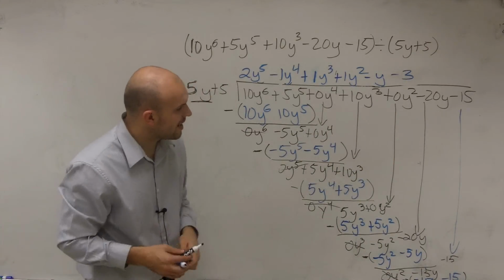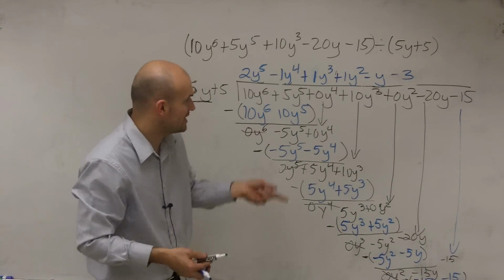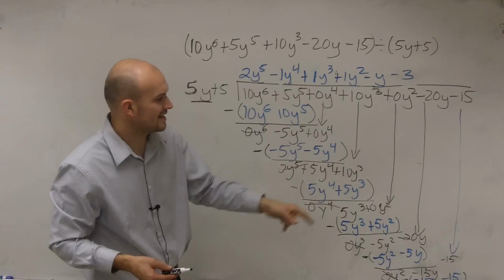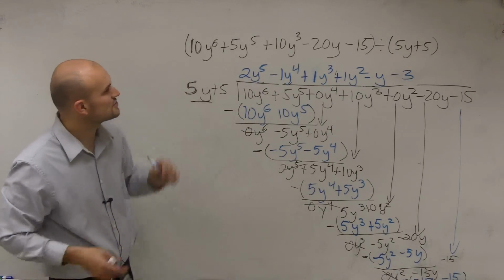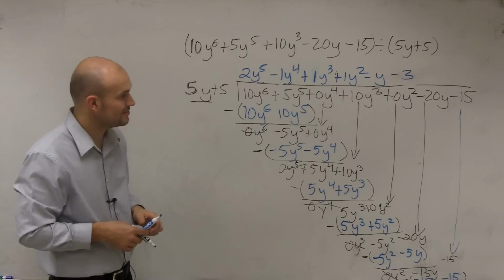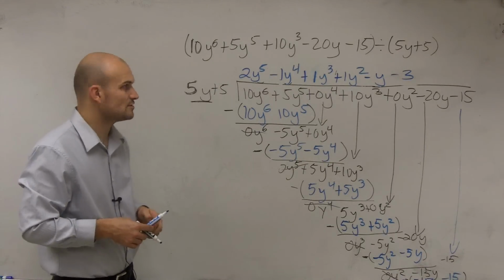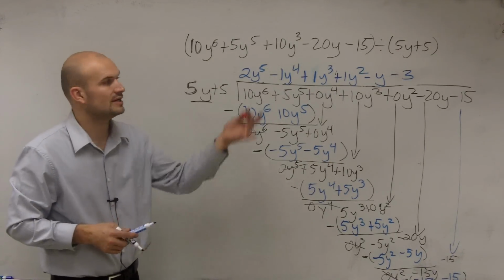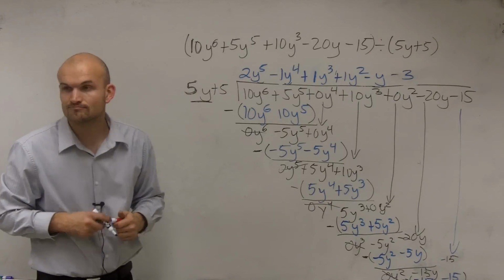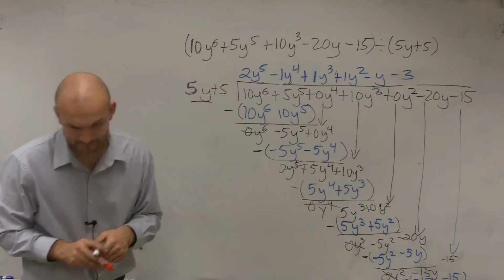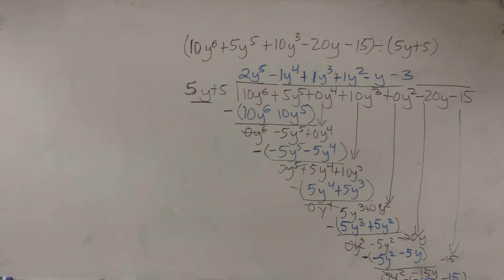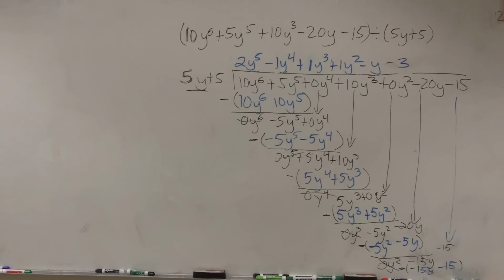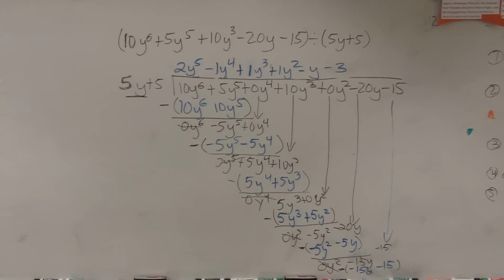Negative 15y minus negative 15y is 0y, and negative 15 minus a negative 15 is 0. So my final answer is 2y to the fifth minus y to the fourth plus y cubed plus y squared minus y minus 3, with 0 as a remainder. Okay? There you go. Great job.